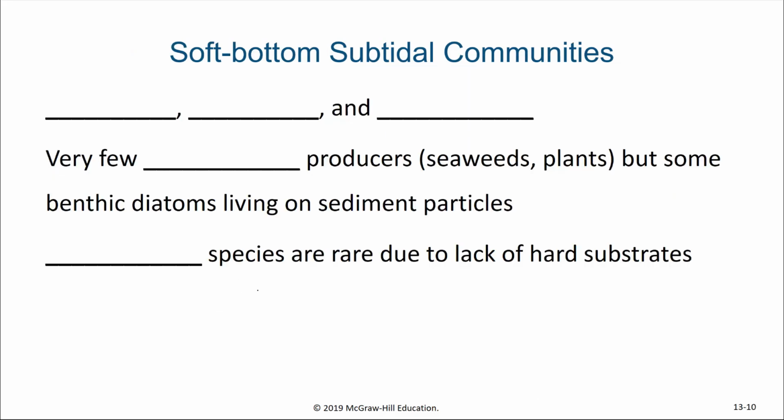In the soft-bottom subtidal, the three major categories of animals are the epifauna, which live on the surface, the infauna, which live within the sediments, and the meiofauna, which are so small they actually live between the grains in the sediment.